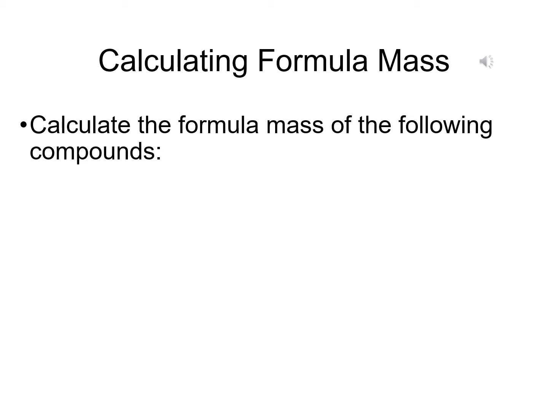Next, we look at aluminum phosphide. We have 3 aluminums at 26.98 AMUs each, plus 1 phosphorus at 30.97 AMU, for a total formula mass of 111.91 AMU for aluminum phosphide. Okay, let's take a look at our next slide.